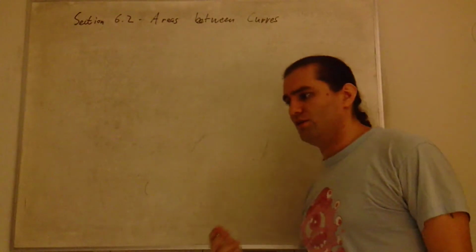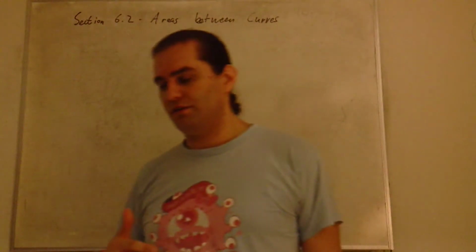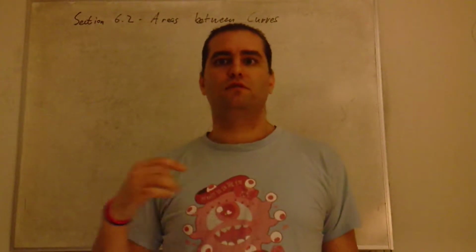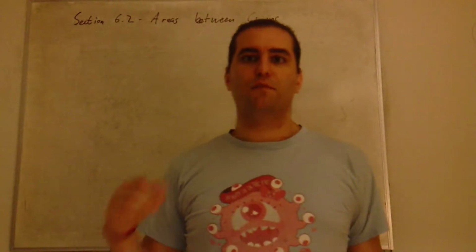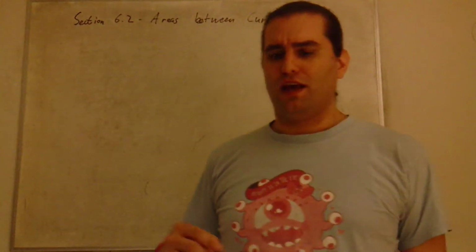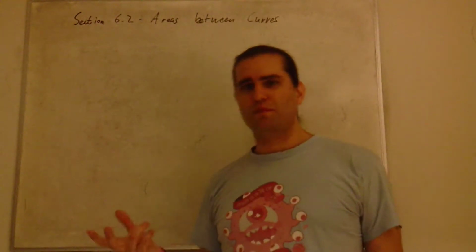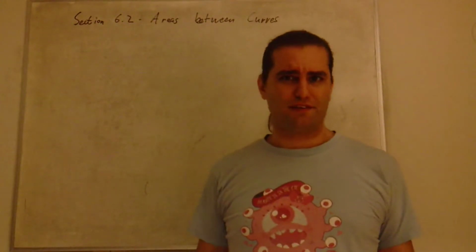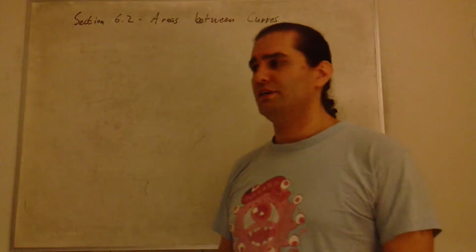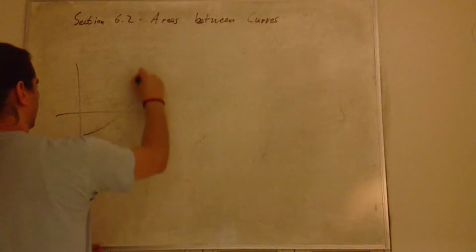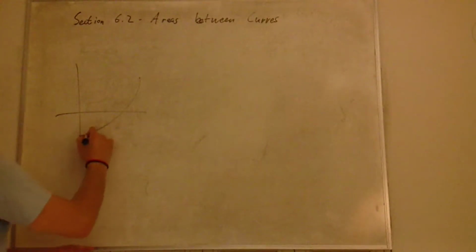And hopefully we remember from most of chapter 5 that a definite integral will give you the area beneath a curve. And beneath is sort of the standard word for this thing. It's not the best word for it, because sometimes if you have a curve that looks like this, you're not getting the area beneath this curve.